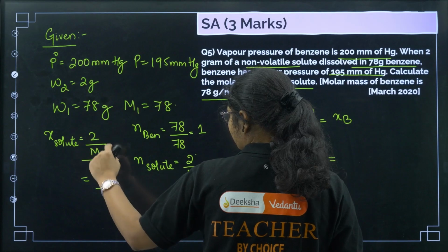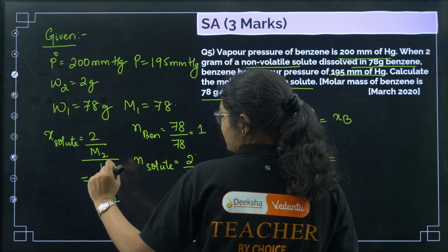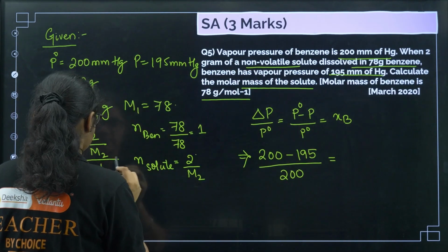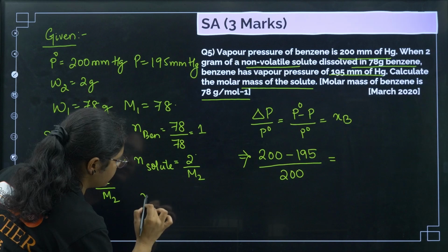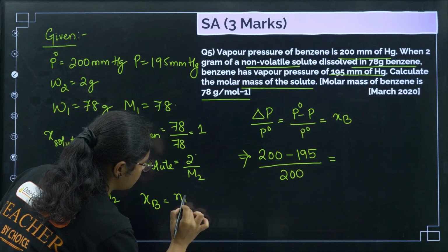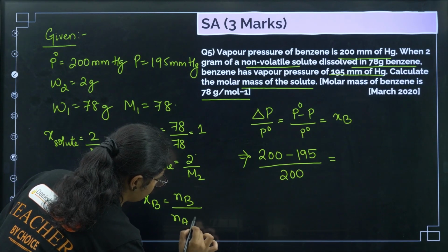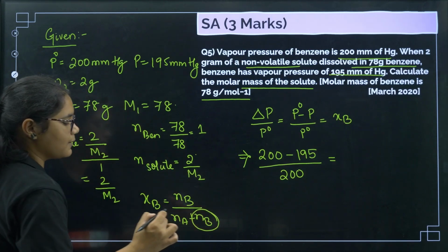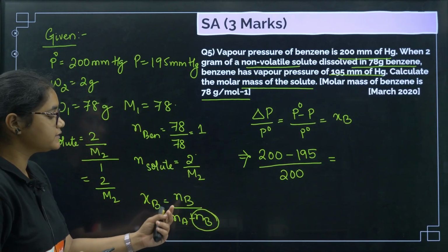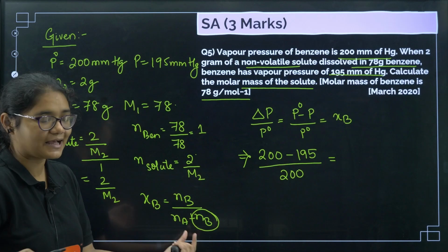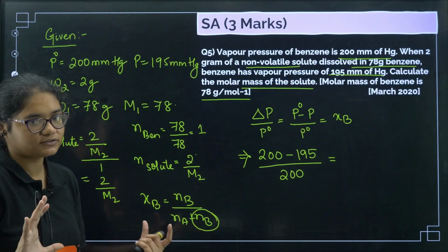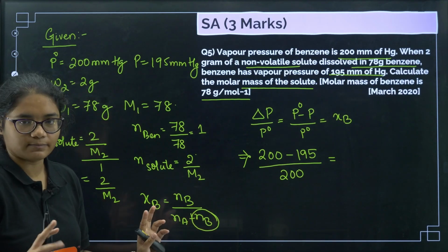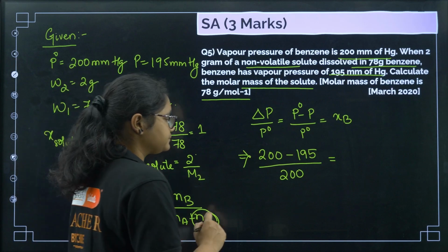Number of moles of solute by number of moles of solvent. XB formula will be equal to NB by NA plus NB, right? But generally in this type of question you can ignore the number of moles of solute in the denominator because it is very less as compared to the number of moles of the solvent. So we can eliminate this one.